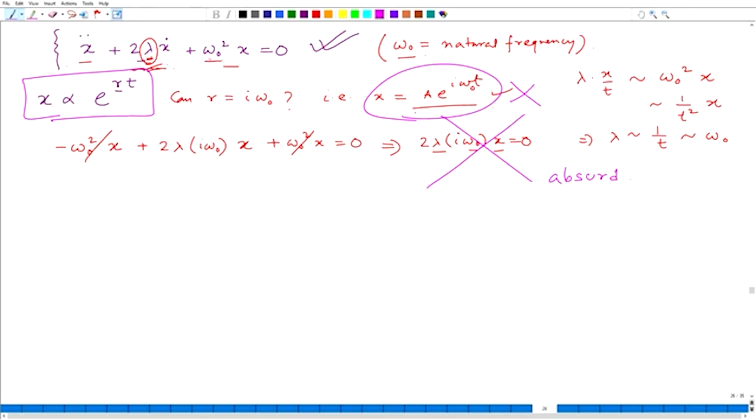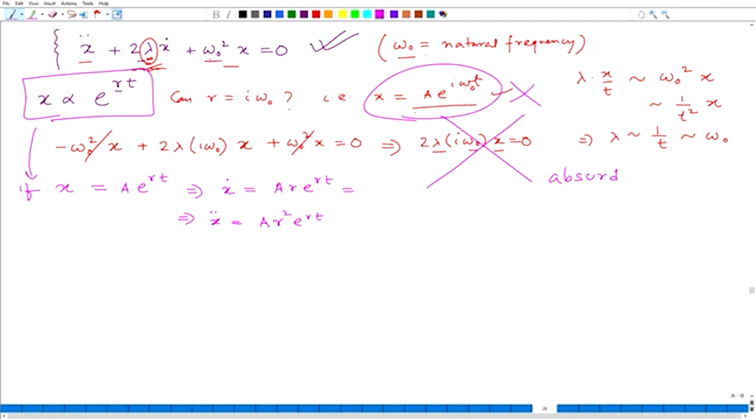So, I can write more precisely that my x will be some a e to the r t, and x dot is equal to a r e to the r t, and then x double dot is equal to a r square e to the r t.